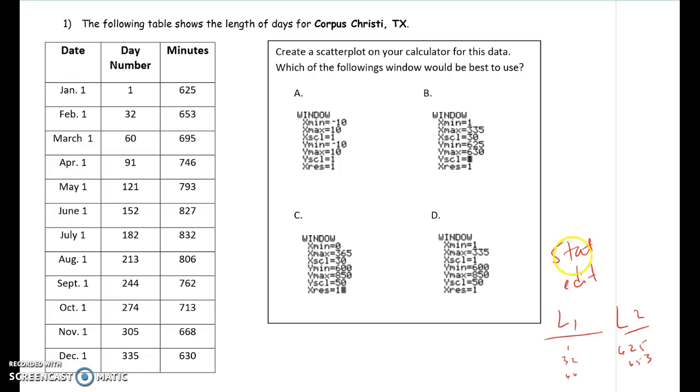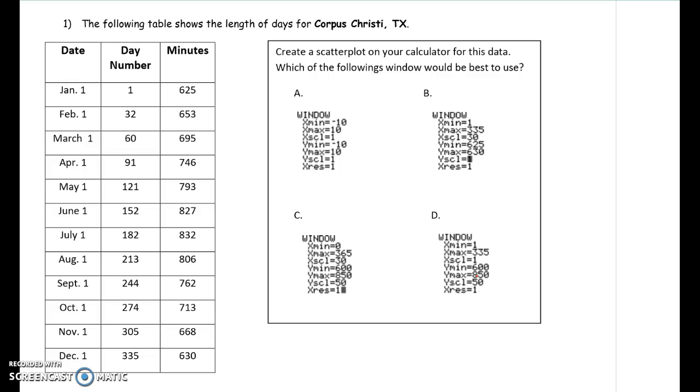Okay, so I've already entered this into my calculator, and now that I have everything, remember, you can actually hit window, and you can try all these out if you want to. I think the best way to do it might be to go to your y equals. You first have to turn plot 1 on. Remember, that's where you go y equals, highlight plot 1, and then I taught you guys a button called zoom fit.